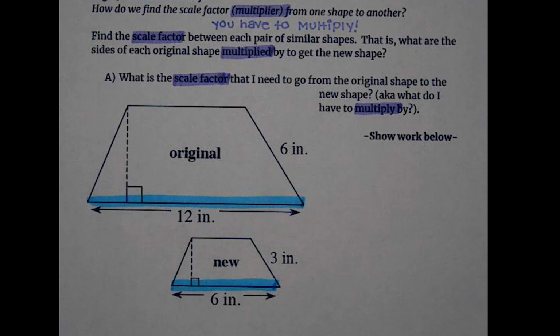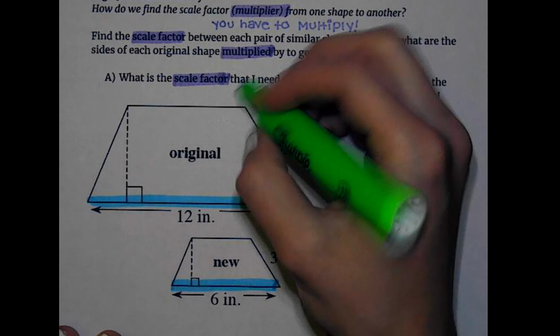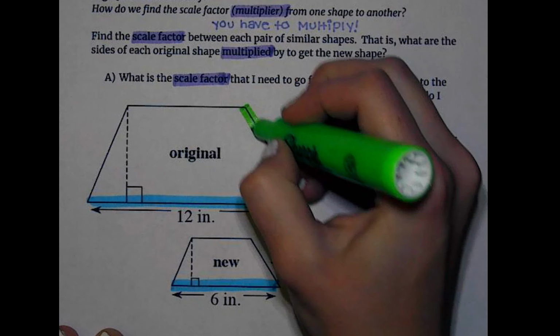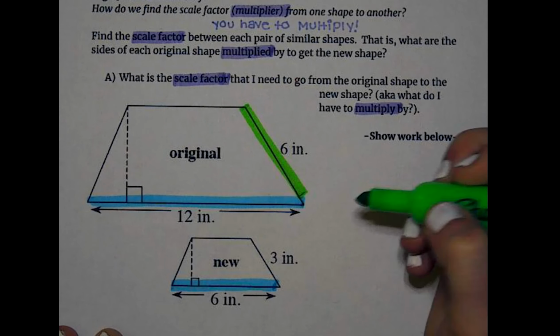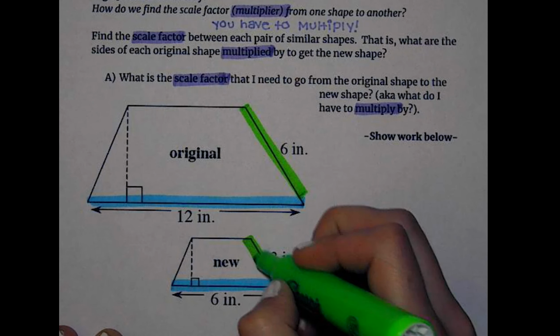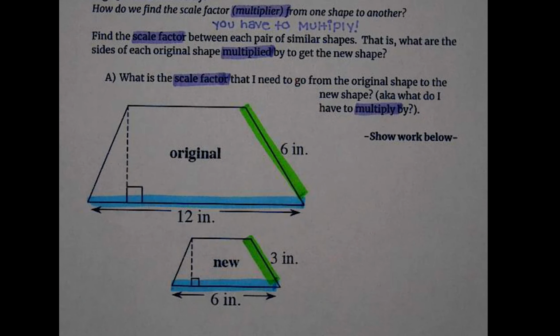And then when we go over here, this piece of 6 inches is corresponding to this piece. All right, and that's really easy for us to tell, not just because it's on the right, but because it is on the opposite side of this right angle that you see right there.